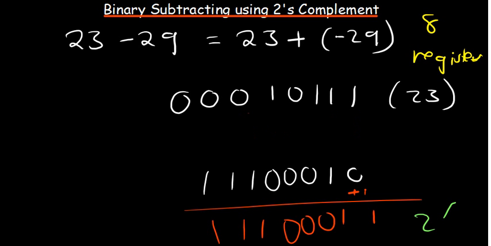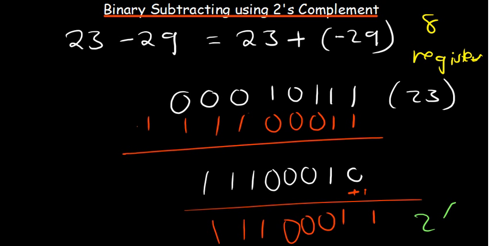So we have 1, 1, 1, then 3 zeros, then 2 ones. Let me write that again so I can match up. So that's what we have, and this is denoting our negative 29 in 2's complement.